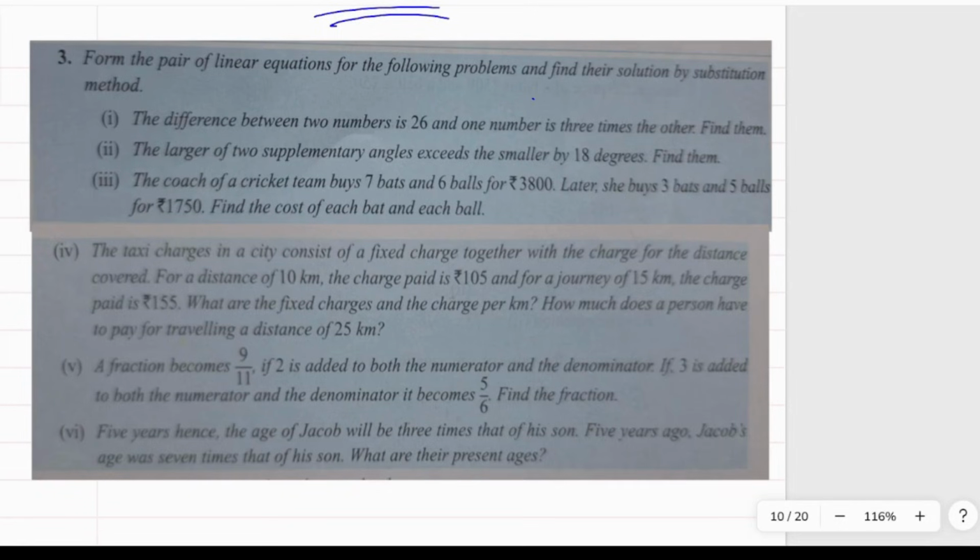So now we are going to solve question number 3. From here, I will choose the important ones I will try to do, or otherwise, let me check. I will try to do all the questions, okay?